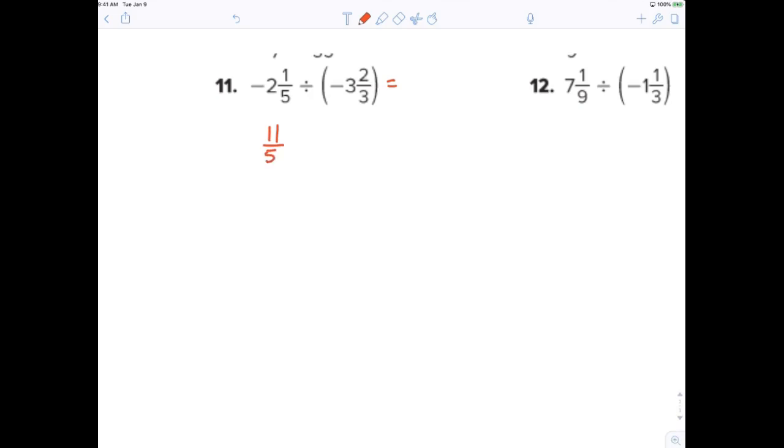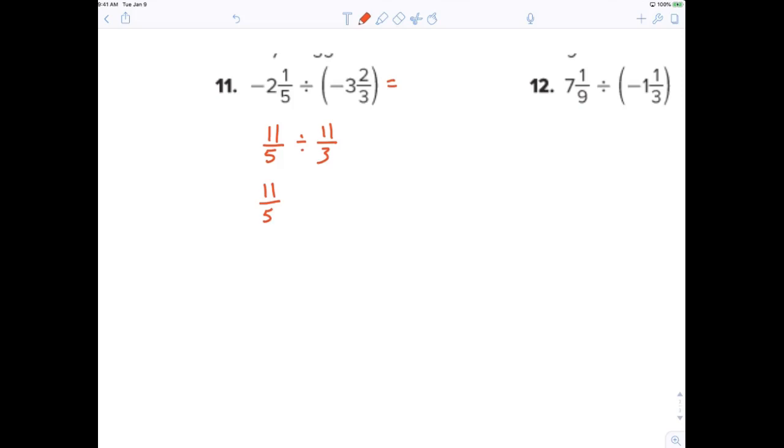Beautiful. 11 over 5 divided by what? 11 over, well, divided by, let's first get it. Over. Yeah, okay, I like what you said. All right, but I'm just going to go slow. I'm going to do all the work out. So 11/5 divided by 11/3, right? And now what? Now you can multiply by the reciprocal.